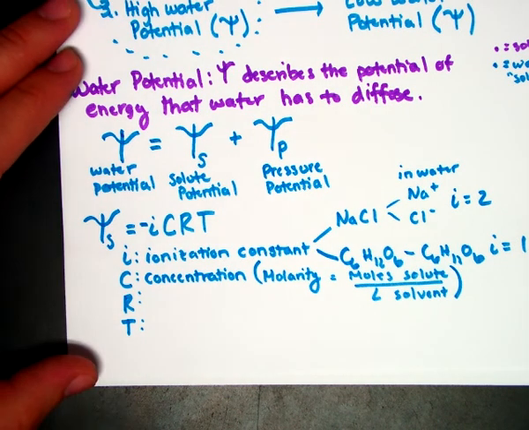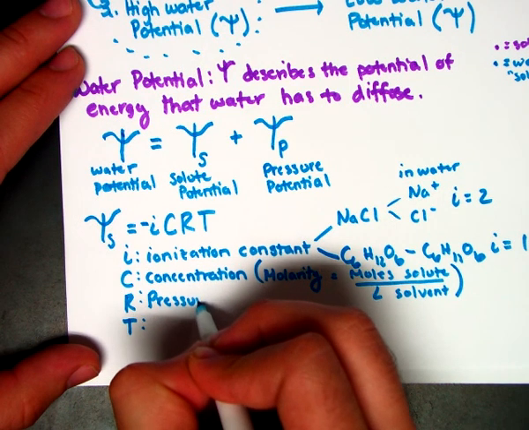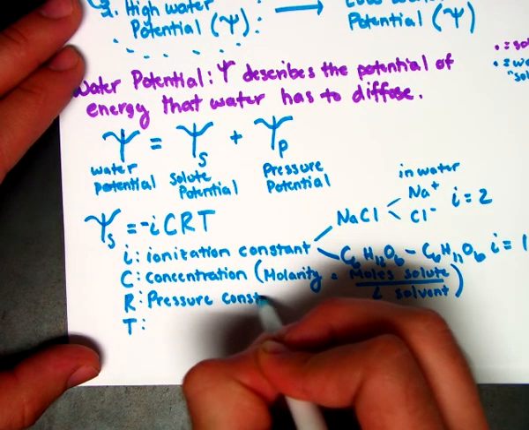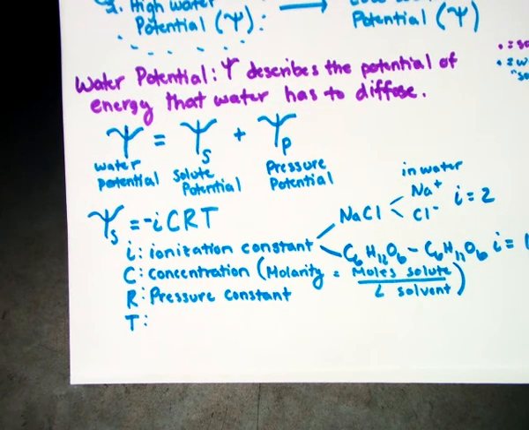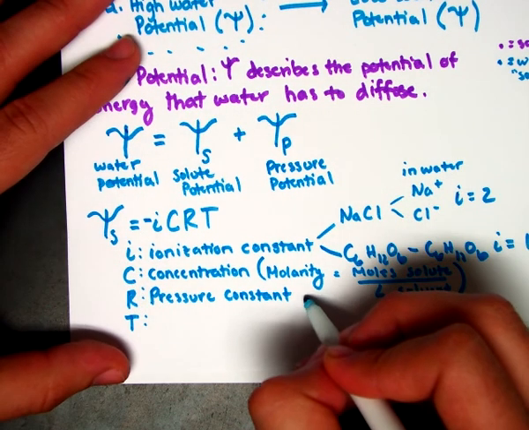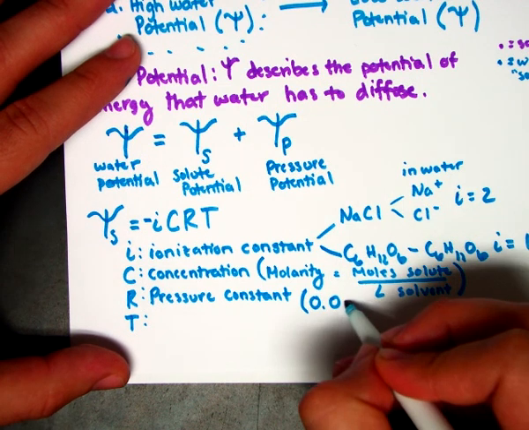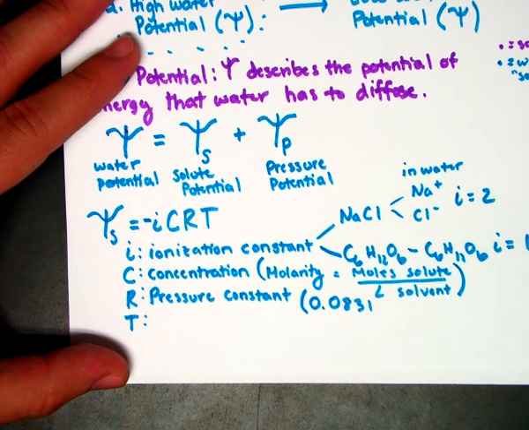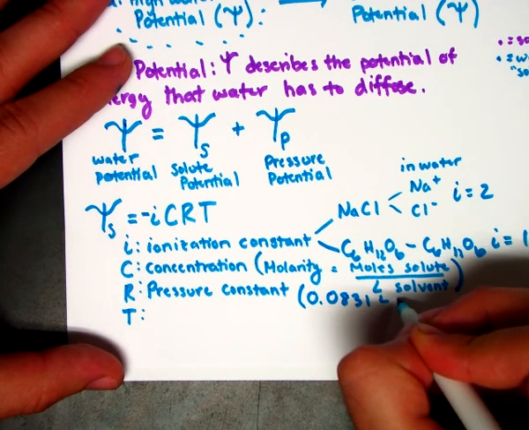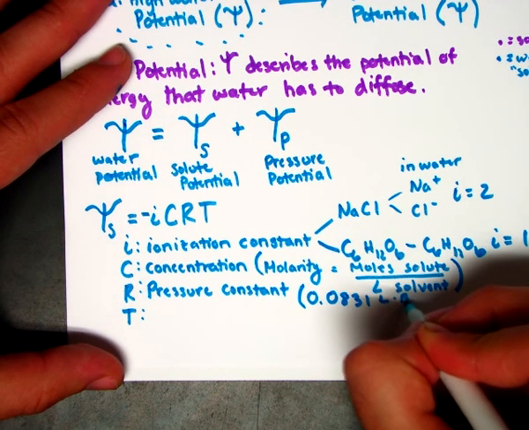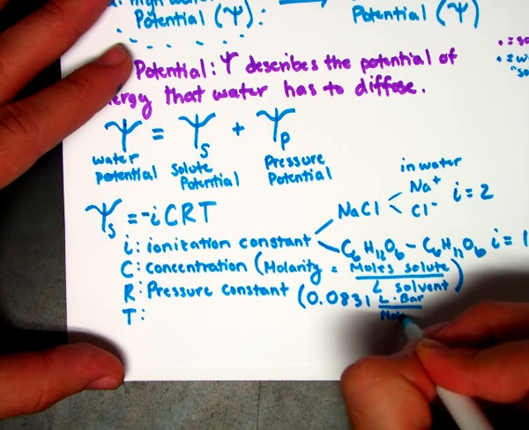Our R value is a pressure constant. This is always going to be the same thing. This value is 0.0831 liter bar divided by mole Kelvin.